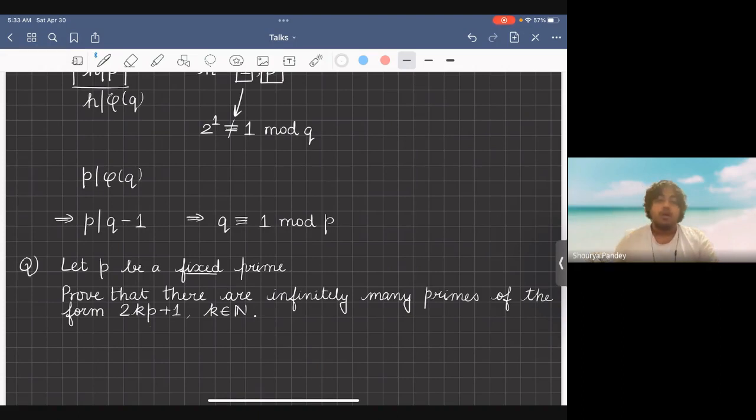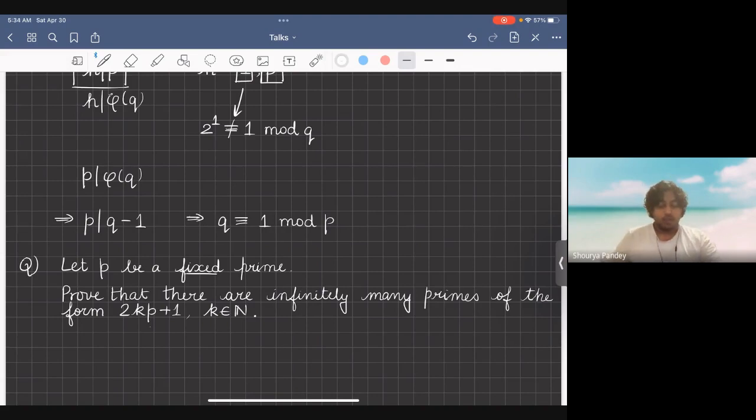Aditya's idea was that you can just take any prime number, and since prime numbers other than 2 are odd, look at primes greater than or equal to 5, write them as 2n plus 1, and then take out a prime factor of n and call it p. The problem is that this p changes as you change n, so you can't do that. This p is a fixed prime. It is pre-decided.